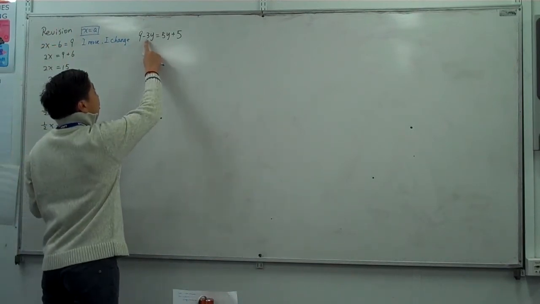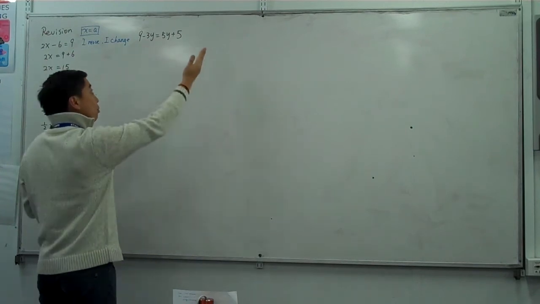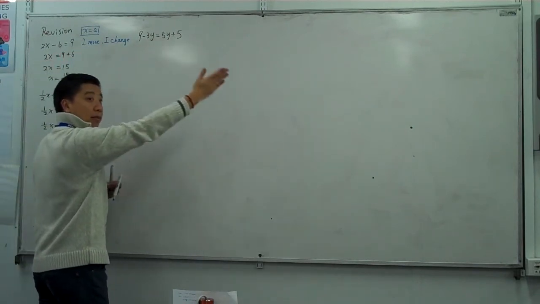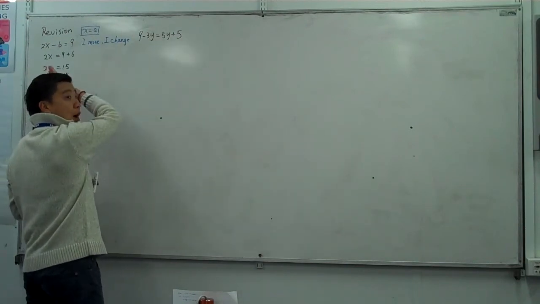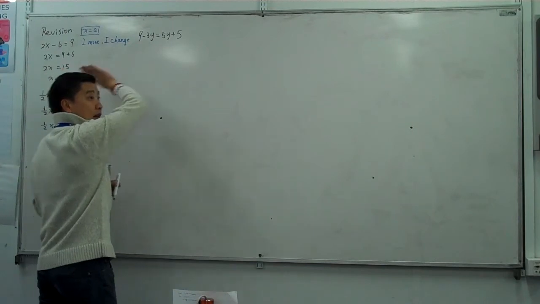Now I have y on both sides. That means I have to move y to the left. Alright, see my gesture. Move y to the left, numbers to the right. Please remember this.